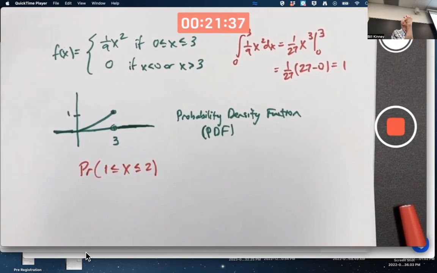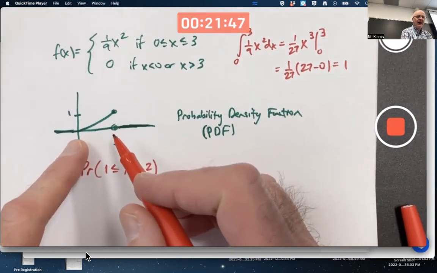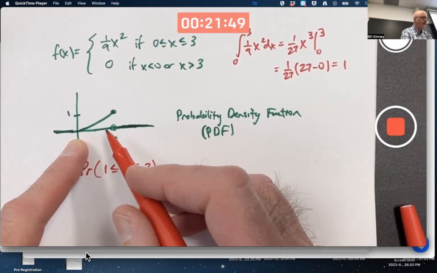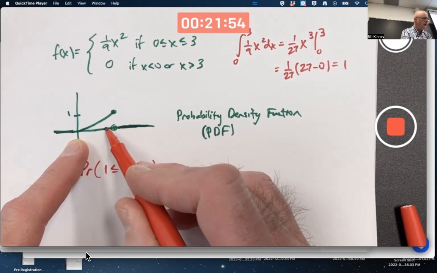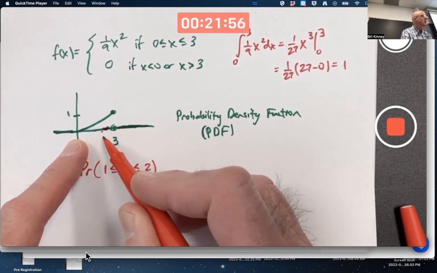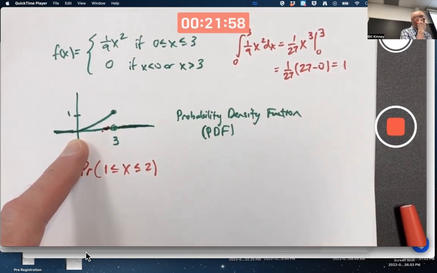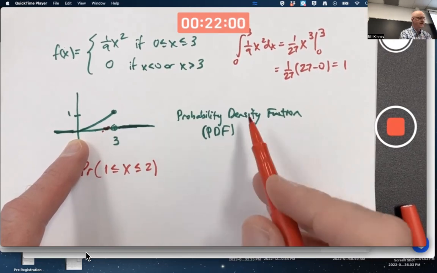But wait a minute, what is this PDF thing? I mean, how is it modeling the data? Let me give you just a little bit of intuition. This is modeling the data in such a way that where the graph is higher, the data are denser. That's why it's called a probability density function, or sometimes just a density function for short.